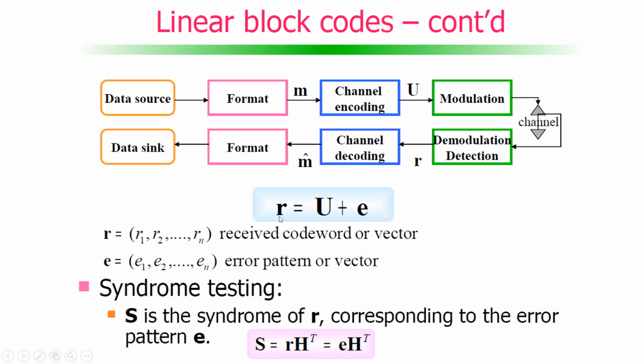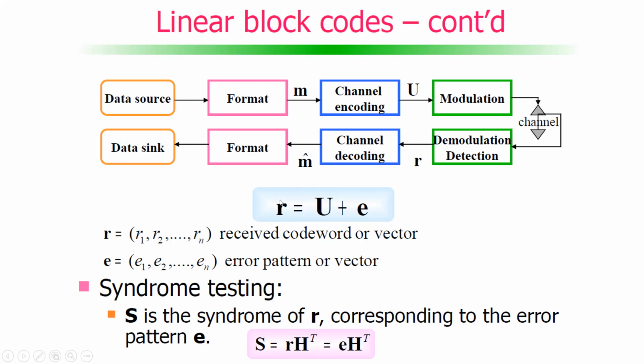But I can represent the received vector as the transmitted vector plus the error vector, some error pattern. R is r1, r2 and so on, so the number of elements will be n again. This is my received vector.